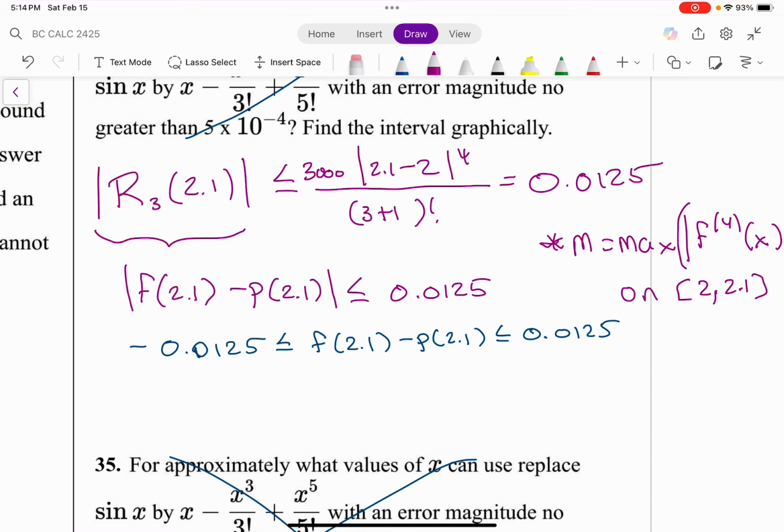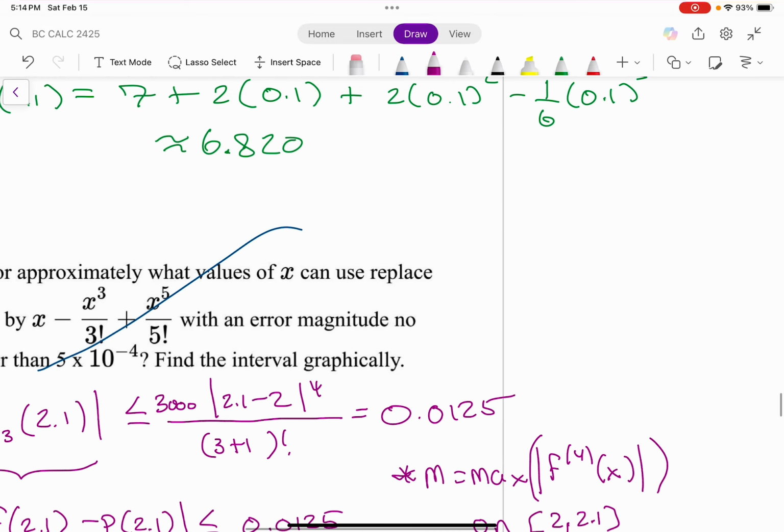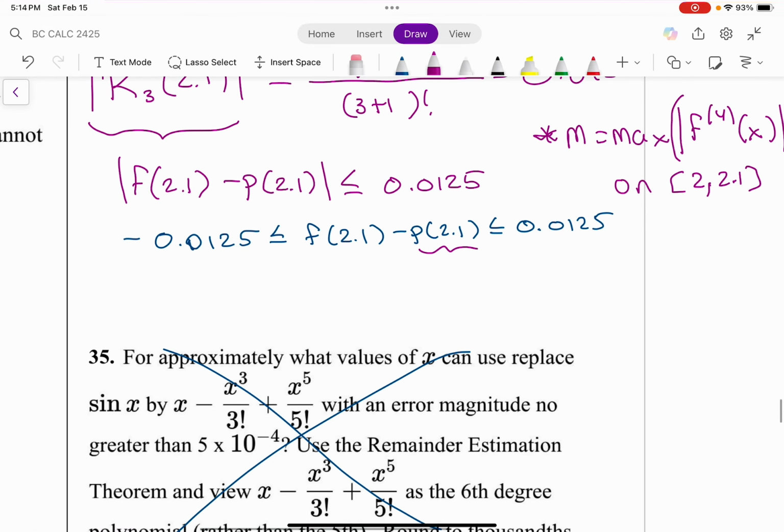And then P of 2.1 here we got, right? What was that? That was 6.820. Okay, so now I've got that negative 0.0125 is less than or equal to f of 2.1 minus 6.820.